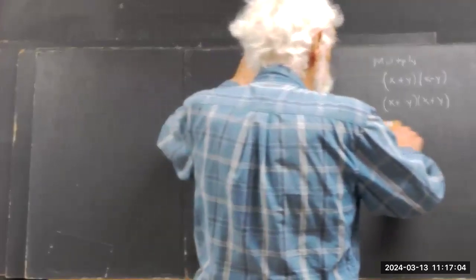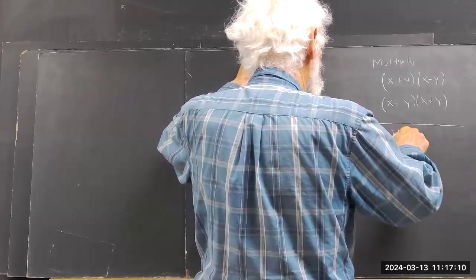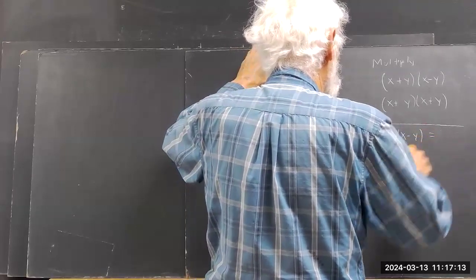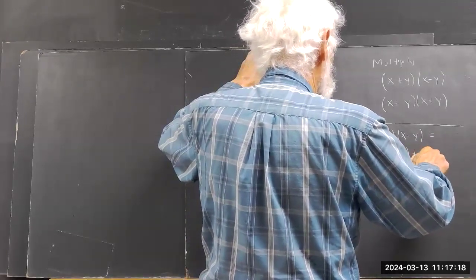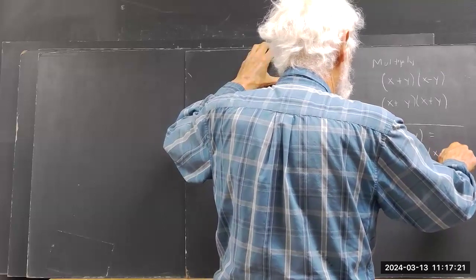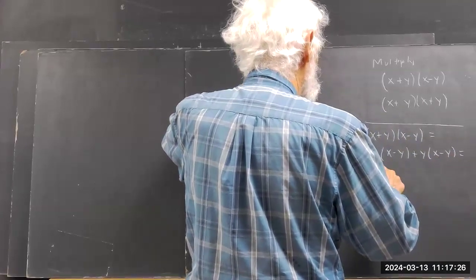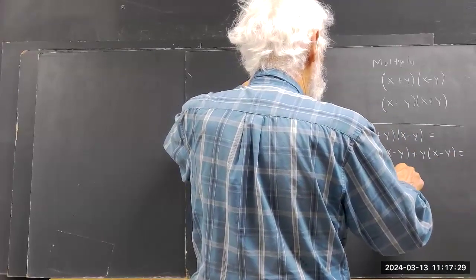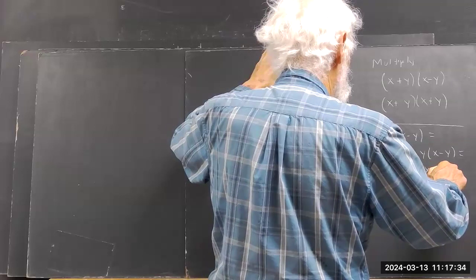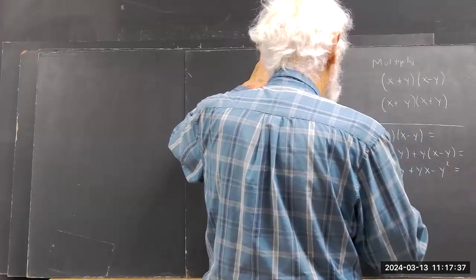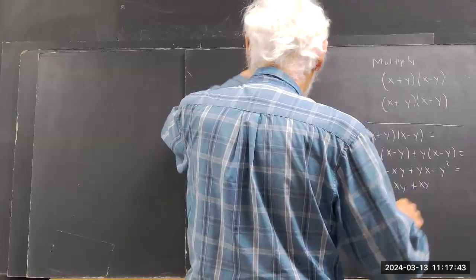So x plus y multiplied by x minus y equals x multiplied by x minus y plus y multiplied by x minus y. That equals x squared minus xy plus yx minus y squared, which is the same as x squared minus xy plus xy.